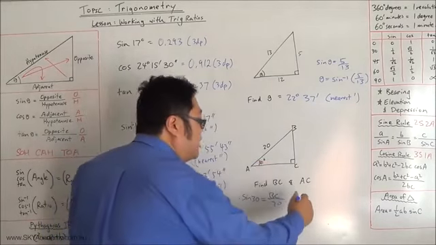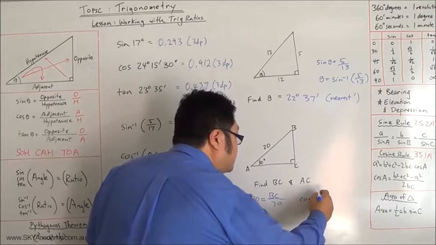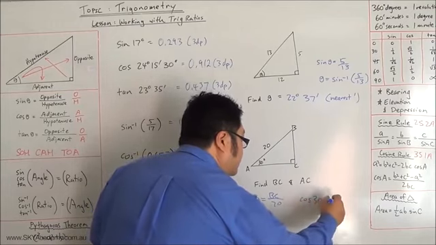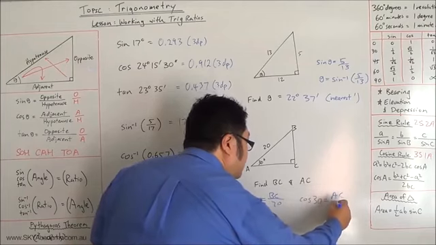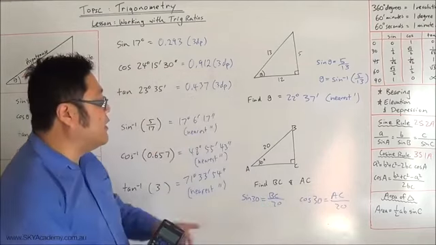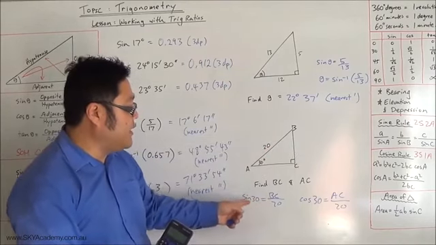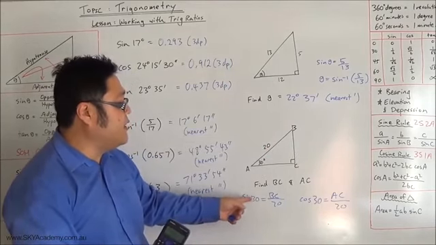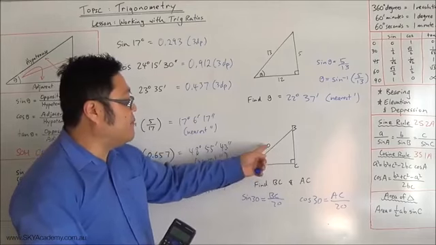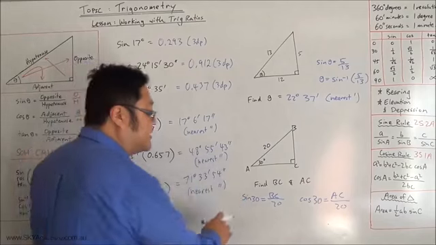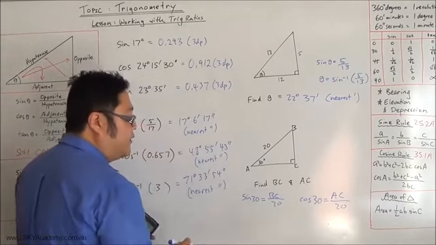And you also got that cos of 30 is going to be AC on 20. And the reason why is because opposite over hypotenuse is BC over 20, and that gives you sine of 30. Adjacent over hypotenuse is cos of 30 gives you AC. And then it's just a matter of figuring that out.